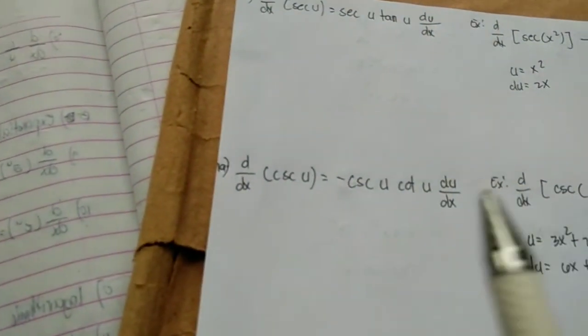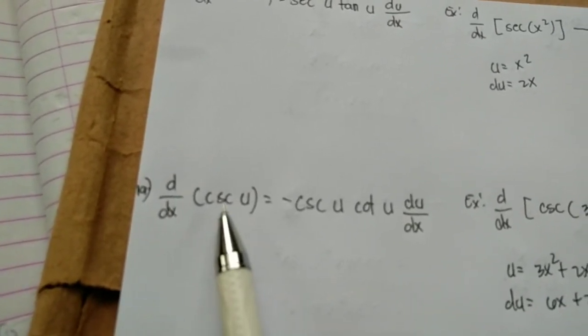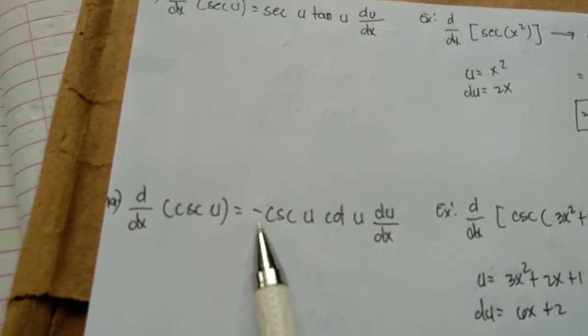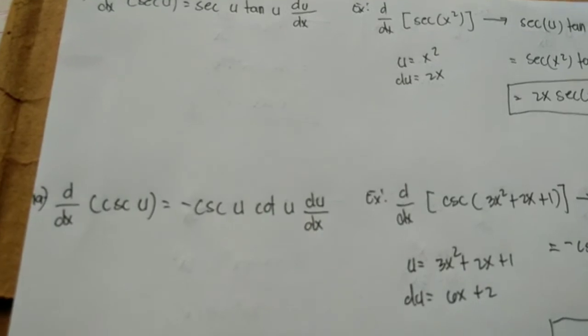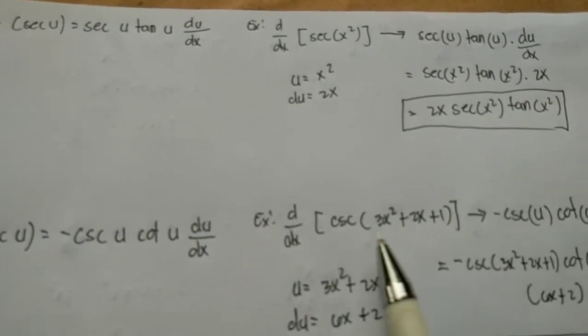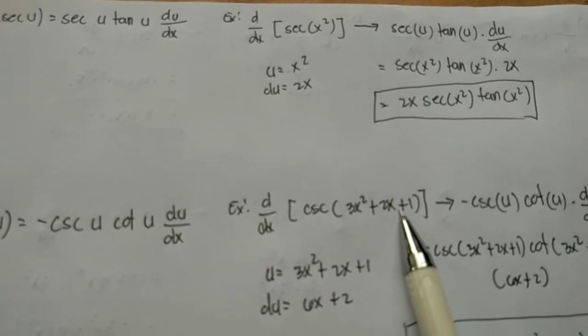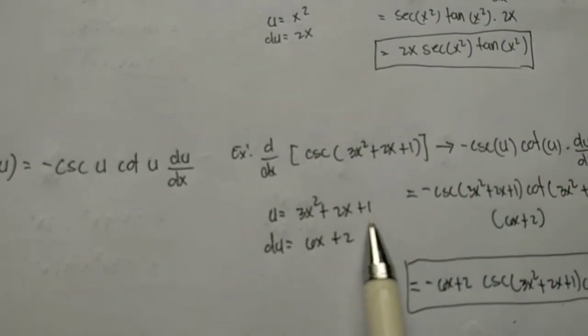And for number 19, we have d over dx of cosecant u, which equals negative cosecant u cotangent u times du. So for example, we have cosecant of 3x squared plus 2x plus 1. So your u is 3x squared plus 2x plus 1.